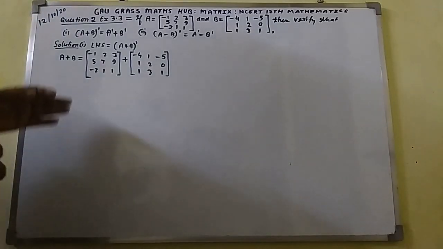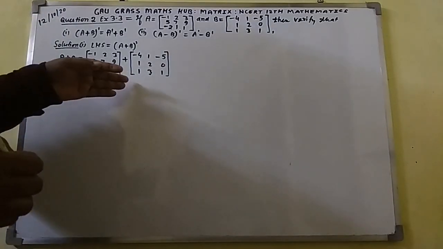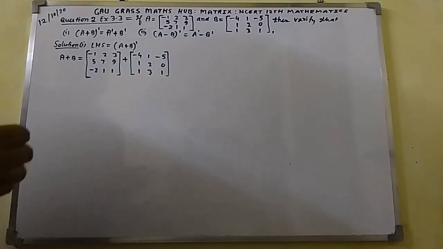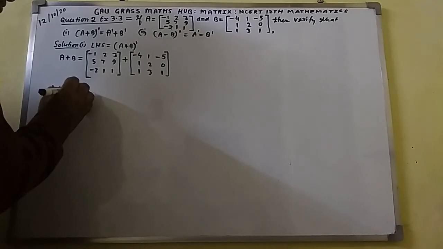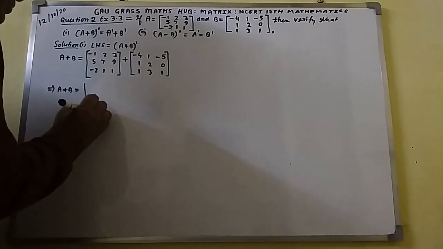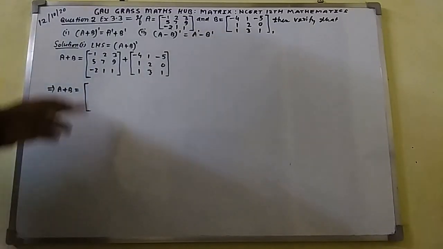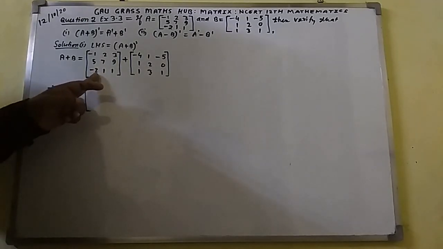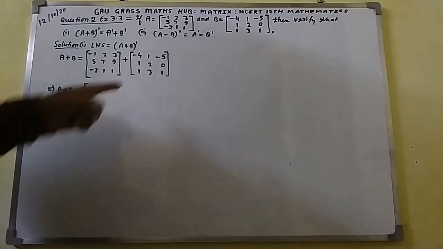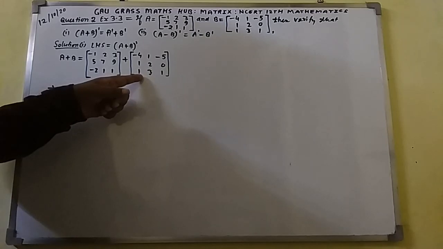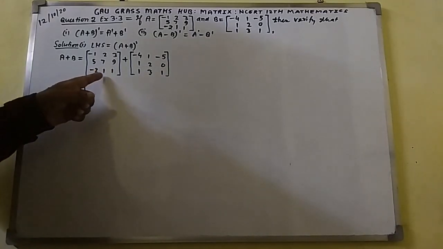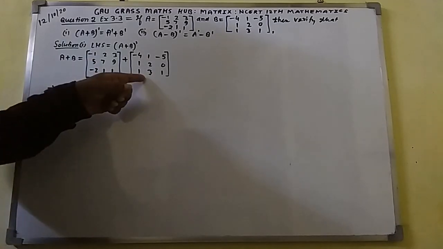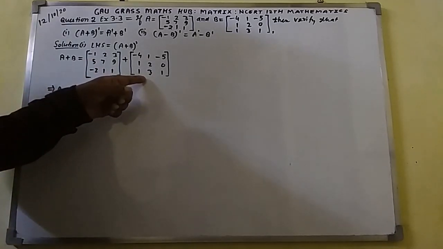Now these both matrices will be added together. So here I shall get A plus B equals, and you can see this matrix is of order 3 cross 3 and this matrix is also of order 3 cross 3.